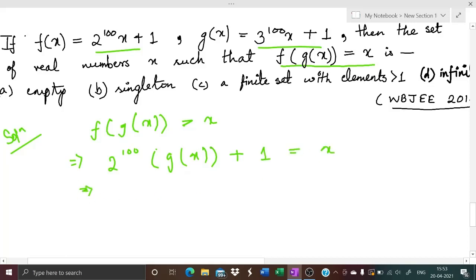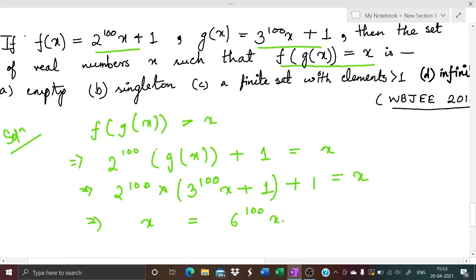Now I will put the value of g of x, that is 2 to the power 100 into 3 to the power 100 x plus 1 equals to x, or x equals to, okay, 2 to the power 100 and 3 to the power 100 is 6 to the power 100 x plus 2 to the power 100 plus 1.